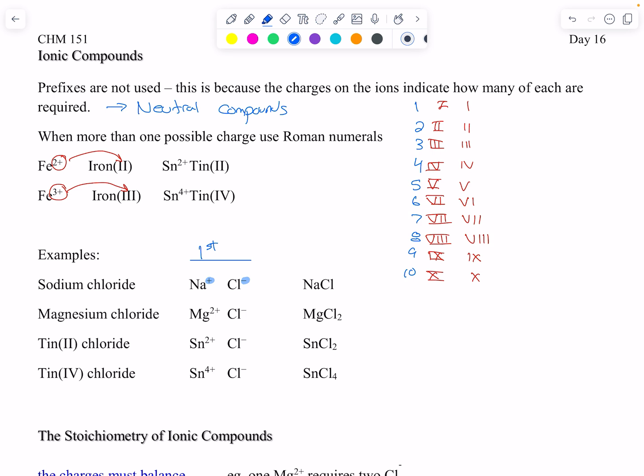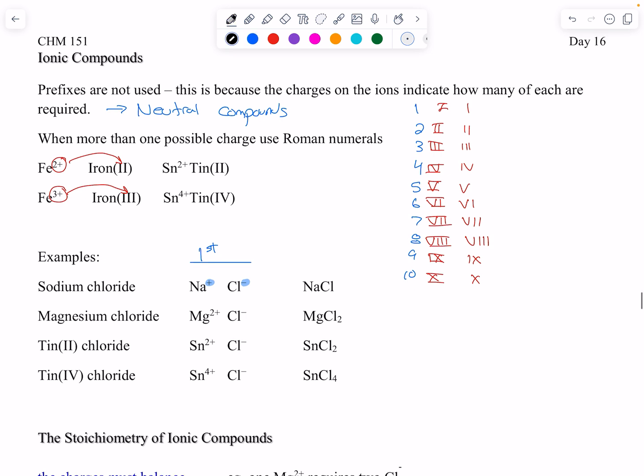If you remember the periodic table we covered, group 1 is lithium, sodium, potassium, rubidium, cesium, francium. Group 1 is +1.